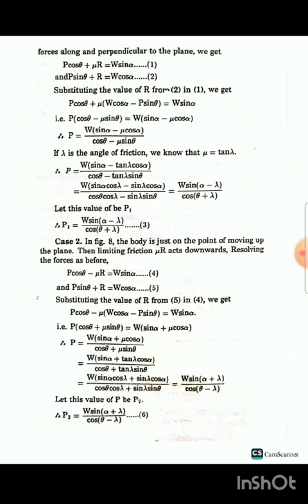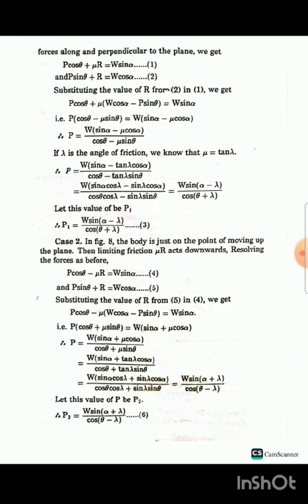If lambda is the angle of friction, we know that the coefficient of friction is equal to the tangent of the angle of friction, that is mu is equal to tan lambda. So we replace mu with tan lambda in the P value. P becomes W of sin alpha minus tan lambda cos alpha, divided by cos theta minus tan lambda sin theta.